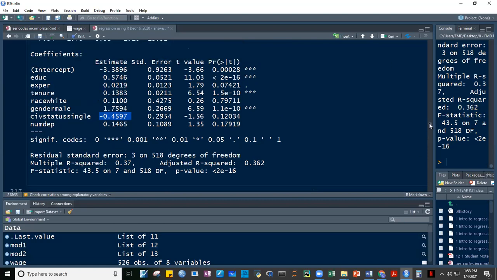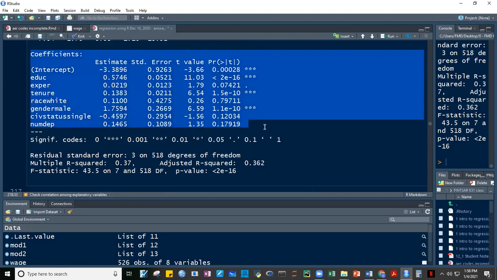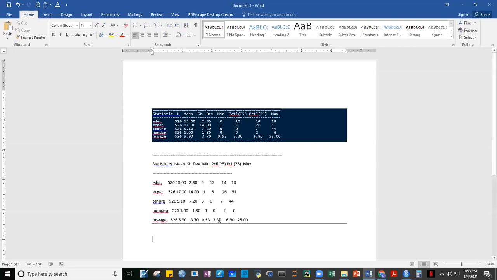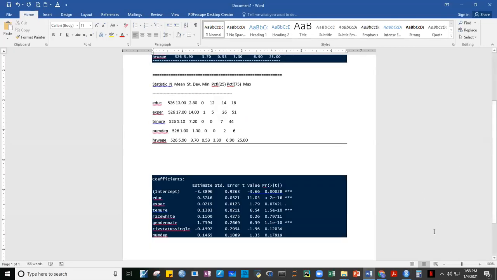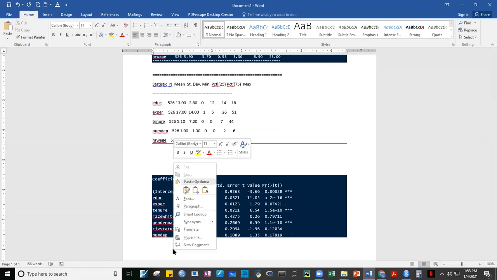Our final model will be, ano yung final model natin? Kapit mo muna siya sa Word. Okay, sorry, hindi ko nalagay yung aking digital pad.